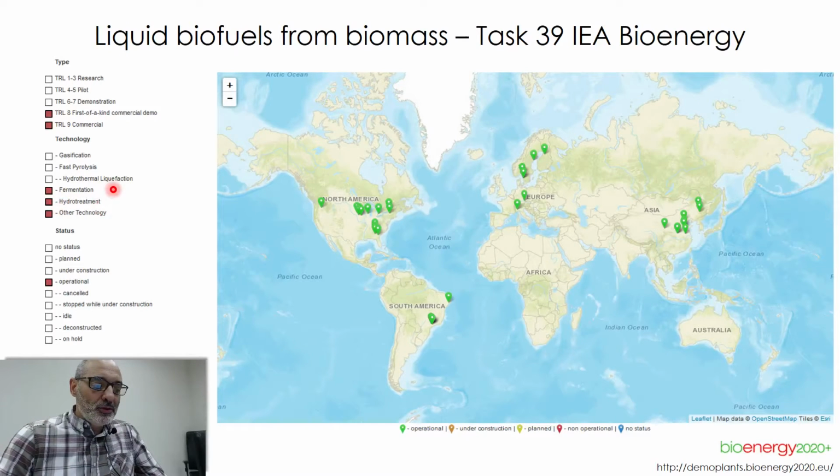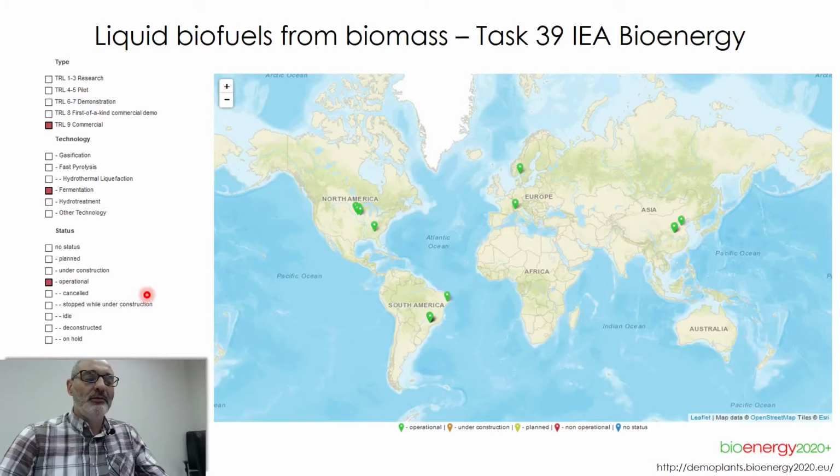When you filter only fermentation, that's pure second G, you have only these units. So here, only the commercial ones through second generation fermentation, and operational. You can count 1, 2, this is Granbio, this is Raizen, 3, 4, 5, 6, 7, 8, 9, 10. Ten units, roughly speaking.